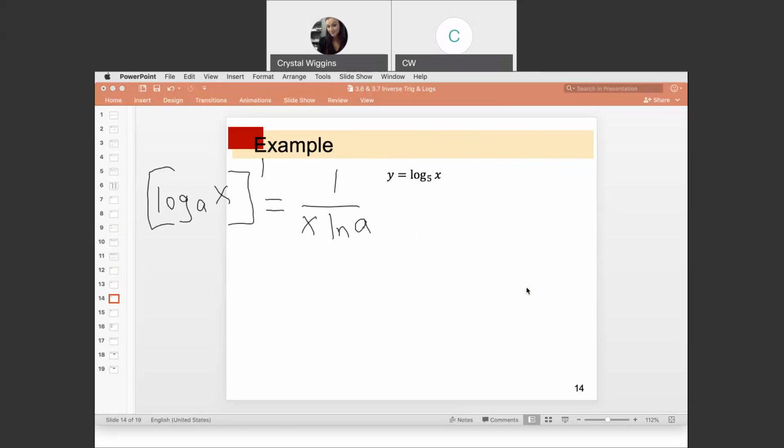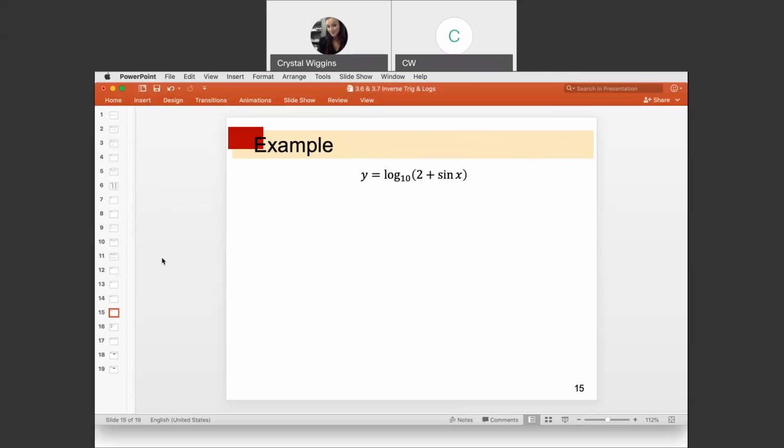So our derivative of y would be 1 over x times ln of 5, which is just a number. I don't suggest that you put it in your calculator, because it's going to be a decimal. It's not going to be exact, and we don't want to change an exact derivative to an approximate one.